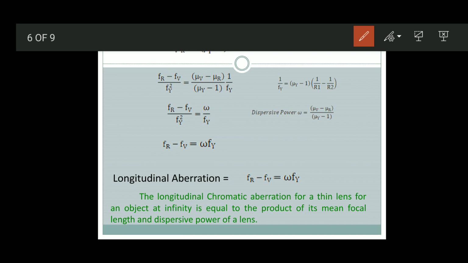So that can be written as (Fr minus Fv) by Fy squared is equal to (mu V minus mu R) by (mu y minus 1) into 1 by Fy.